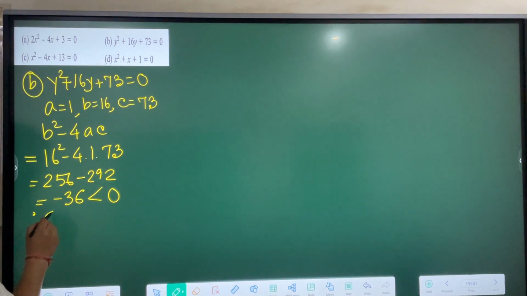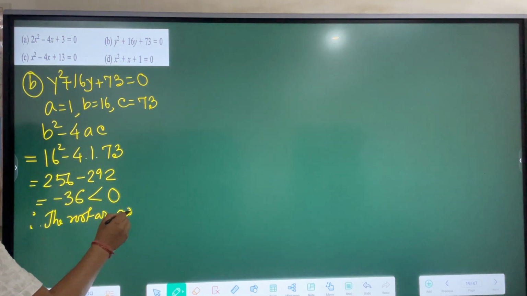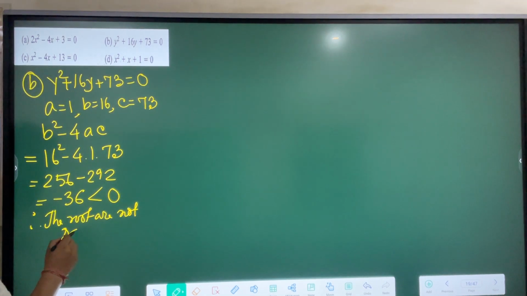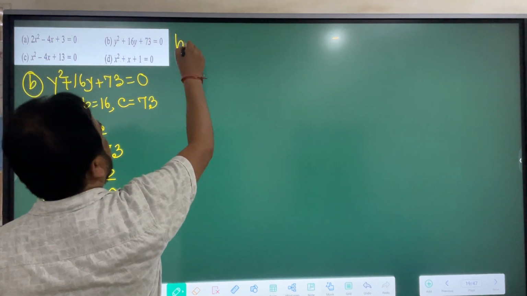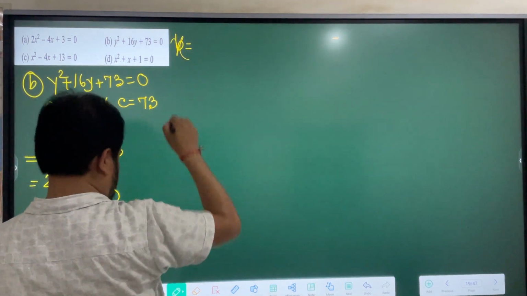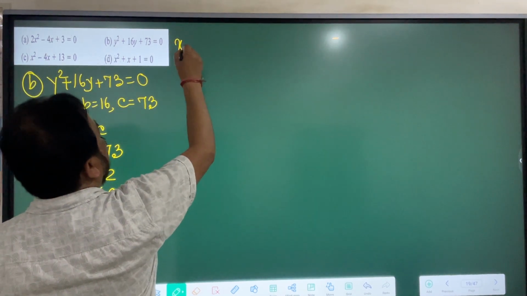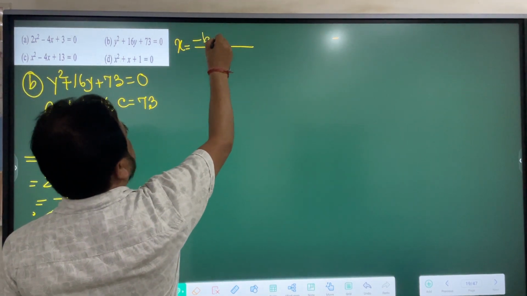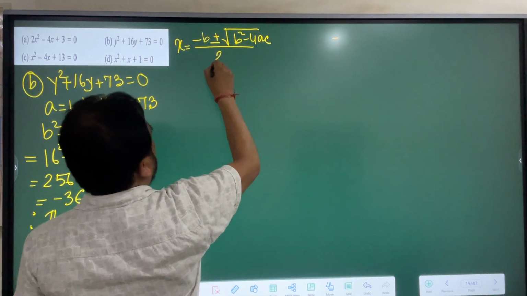Therefore, the roots are not real. Now we will apply the formula to solve the equation. x is equal to minus b plus minus square root of b square minus 4ac by 2a.